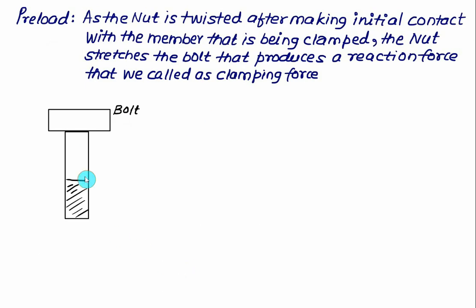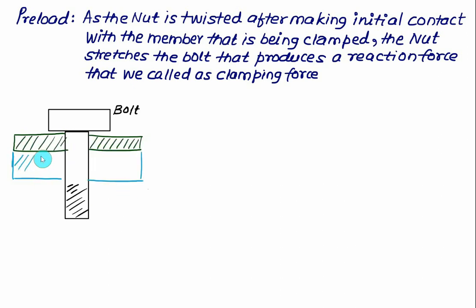Consider here we have a bolt and we have an unthreaded portion and a threaded portion. This time we want to make a clamping of two members. So let's say we have member 1. This one is representing the member 1 and we have a second member. To generate a clamping force, we'll use a nut which is snugly fitted and we apply a torque to the nut.